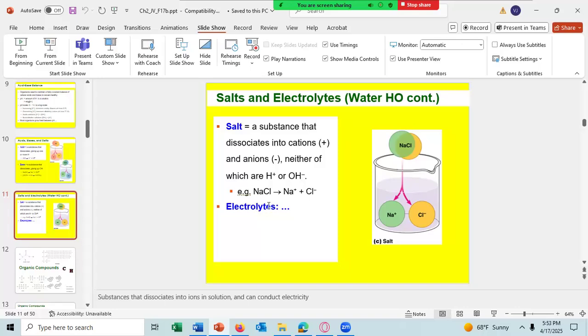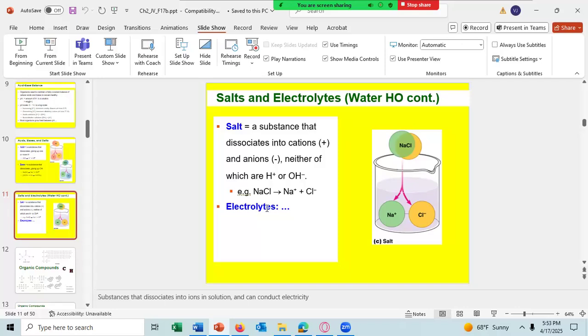However, magnesium chloride, which breaks apart into magnesium plus 2 and 2 chloride ions, is also a salt by chemistry. So a salt is something that just dissociates into a cation and an anion.